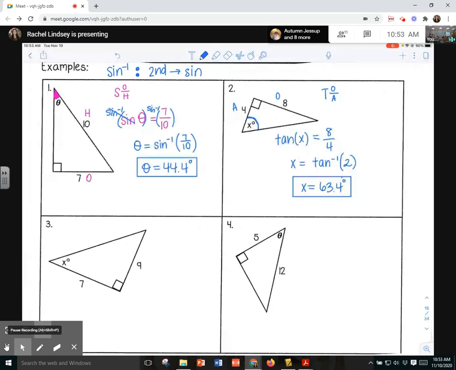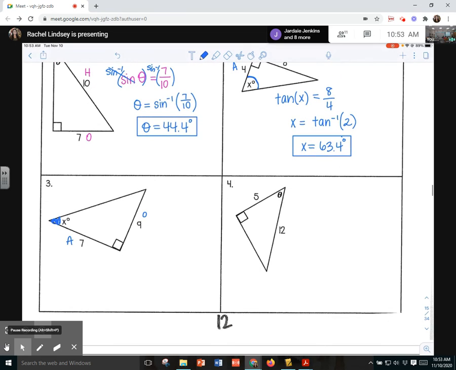Number 3, got our angle. So we've got our opposite is 9, adjacent is 7. So I'm going to use tangent again. So tangent of angle X equals opposite 9 over adjacent 7.